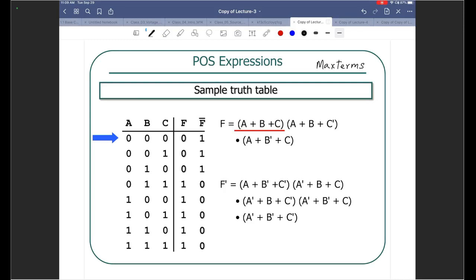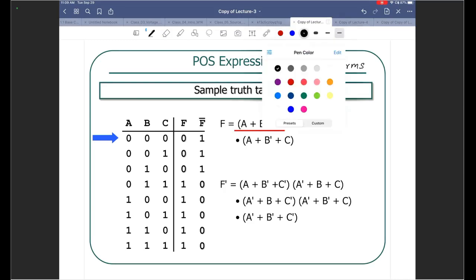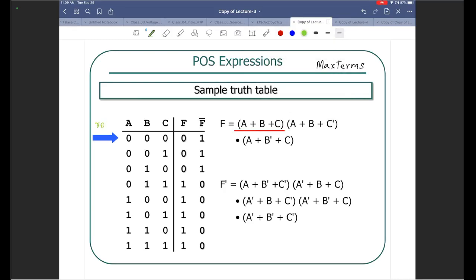Let's take a look. For the sake of convenience, again, I will add row numbers 0, 1, 2, 3, 4, 5, 6, 7. And then let's talk about how we wrote the product of sum expression, the complete product of sum expression.